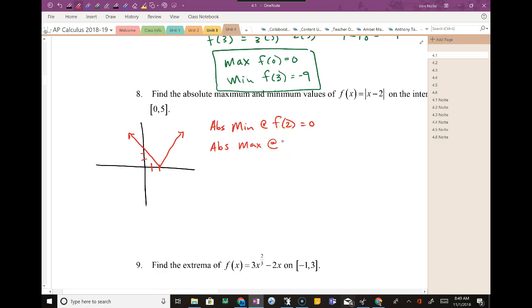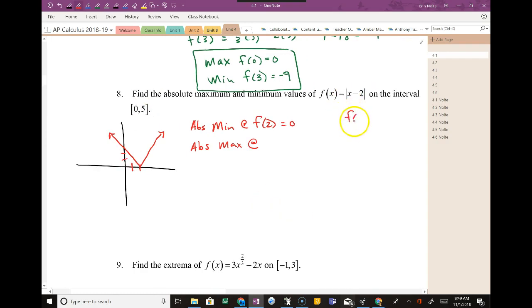Can you look at the graph and tell me the y values at 0 and 5? Don't assume I drew it perfectly to scale, but you could just plug in 0 and 5 here if you didn't want to use the graph. If I plug 0 in, I would get 2.